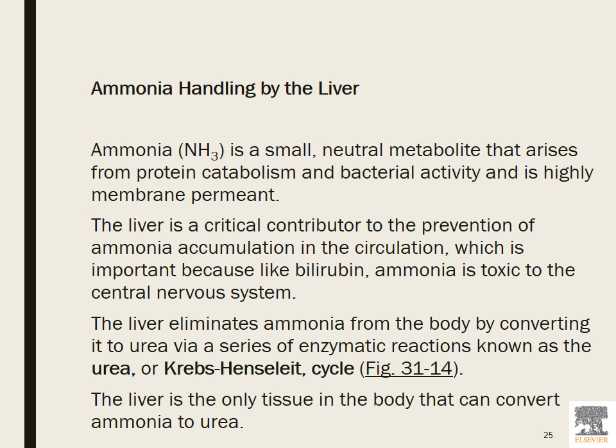The liver eliminates ammonia from the body by converting it to urea via a series of enzymatic reactions known as the urea or Krebs-Henseleit cycle. The liver is the only tissue in the body that can convert ammonia to urea.